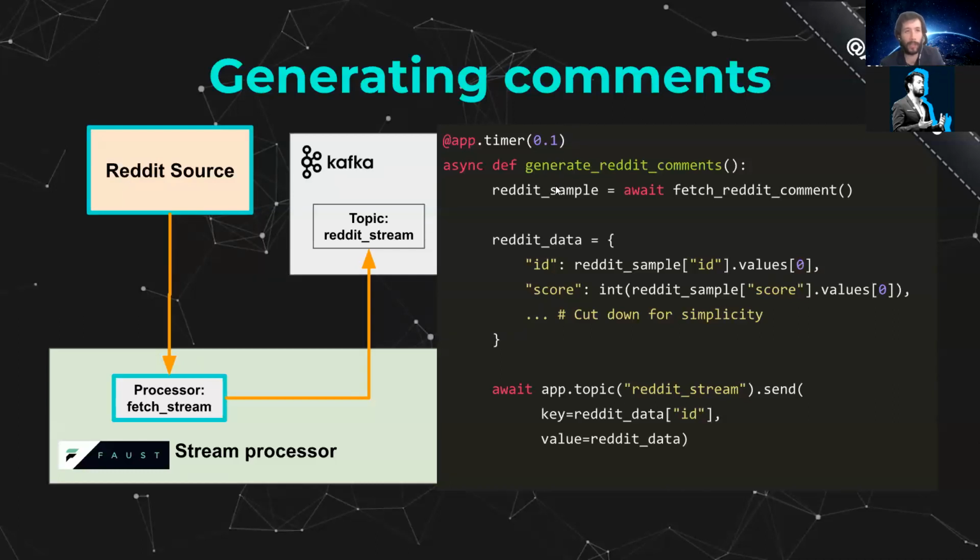We run this function, which fetches a Reddit comment, if one is available. It then creates that data, and again leverages Faust: it calls app.topic, the Reddit stream topic, and then sends it.